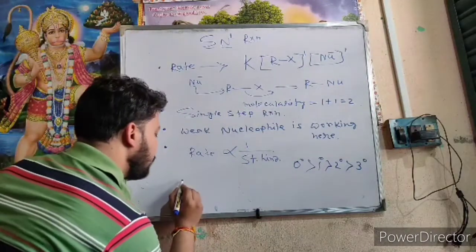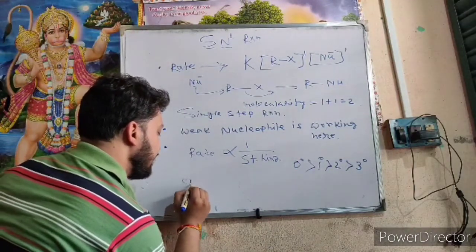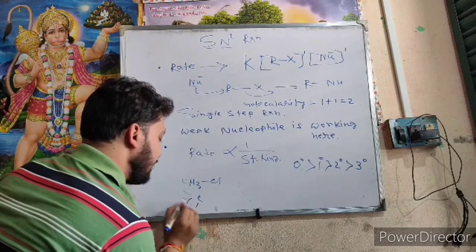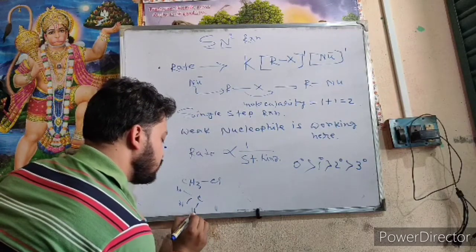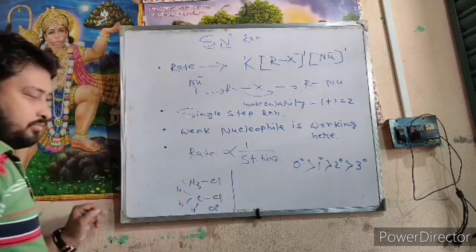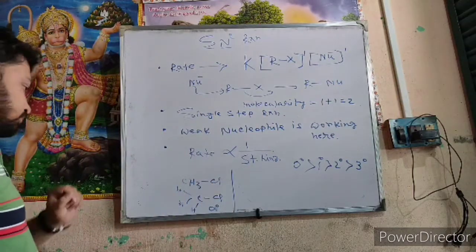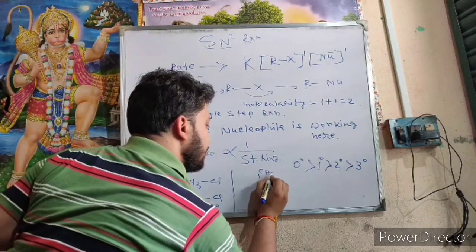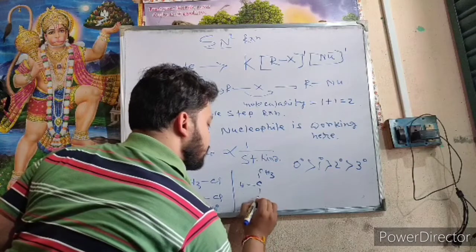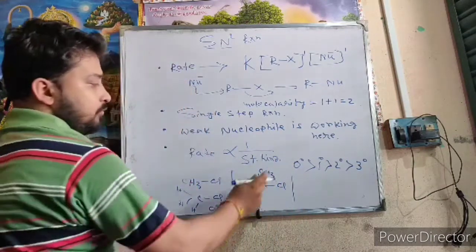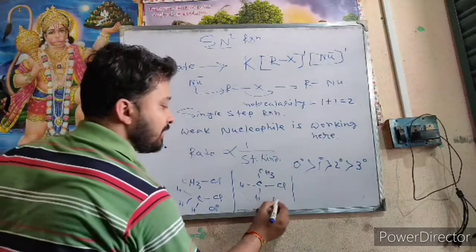If you have this group, CH3Cl, that means C H H H Cl. So this is a 0 degree compound. 1 degree means C H3 H H Cl. So the number of bulky groups is 1. So this is 1 degree.